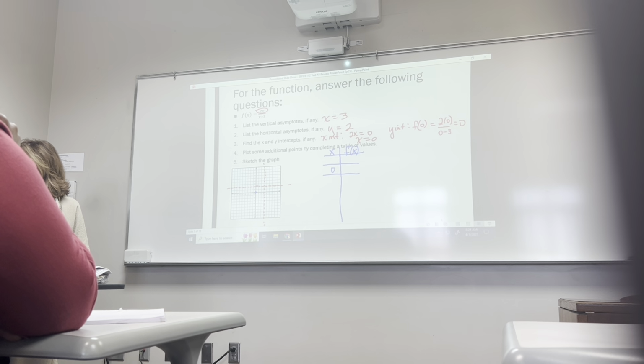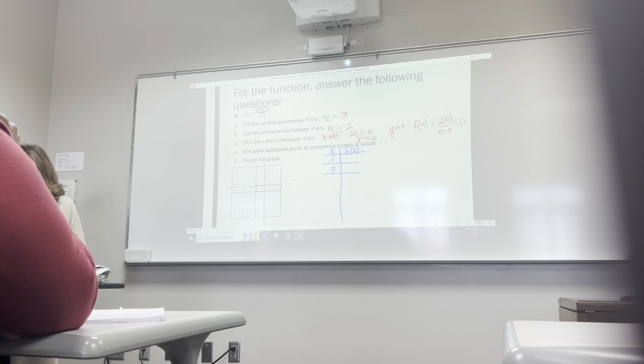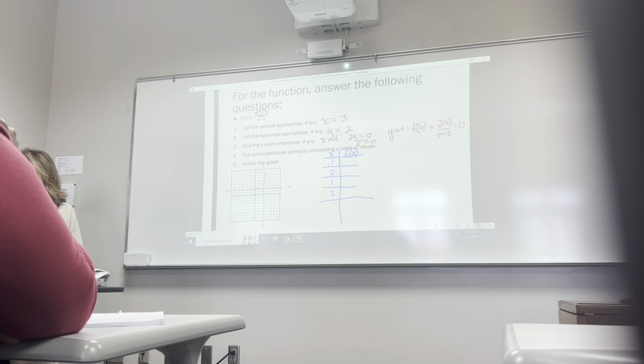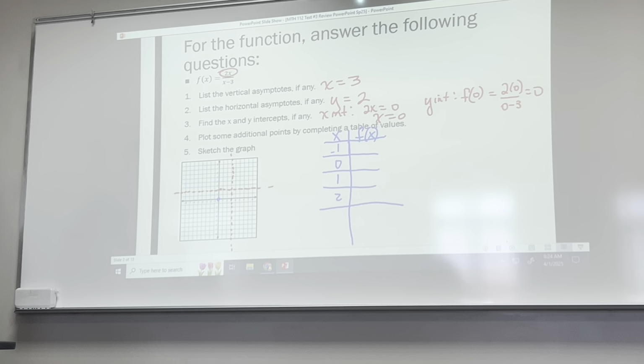Let me go 1 below 0, so maybe negative 1. Then let me get the 2 in between 0 and the vertical asymptote, so I'm going to do the 1 and the 2. And then a couple on the other side of the vertical, maybe 4 and 5.